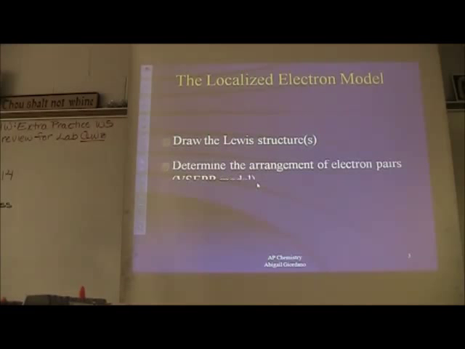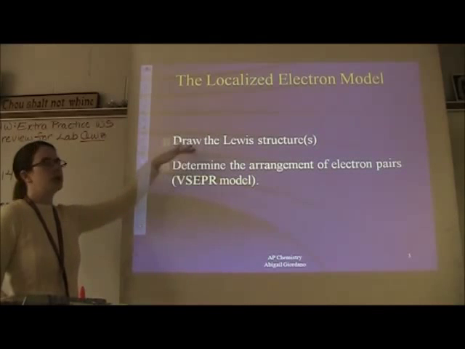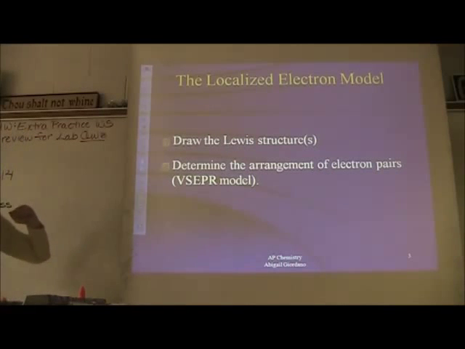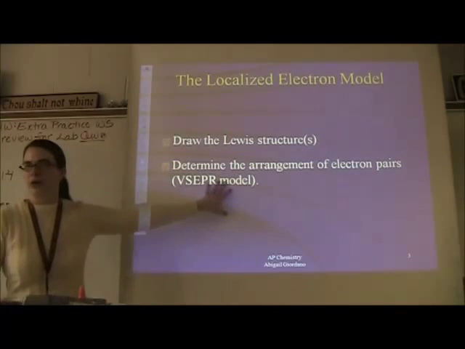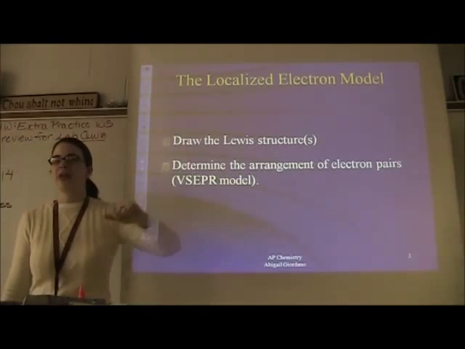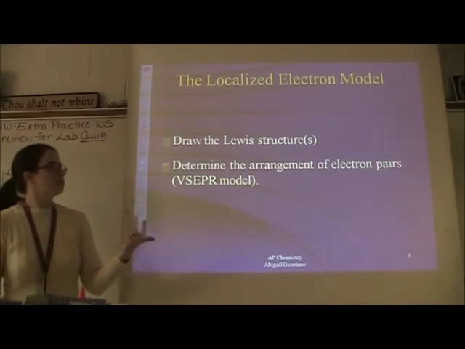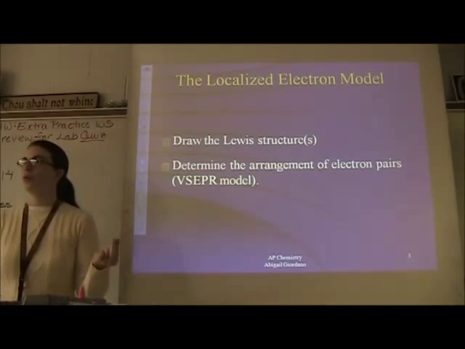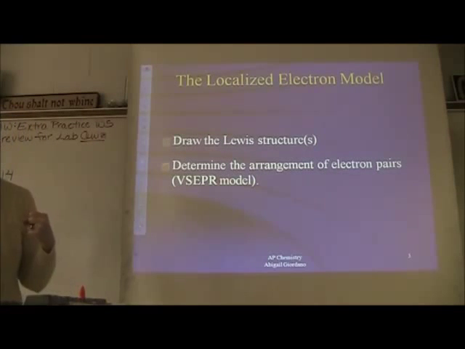Our big focus was on these two bullet points. Drawing out Lewis structures and looking at what's called the VSEPR model. Included within VSEPR is shape and bond angle. Maybe they could also ask you, is the molecule polar or non-polar? Okay?